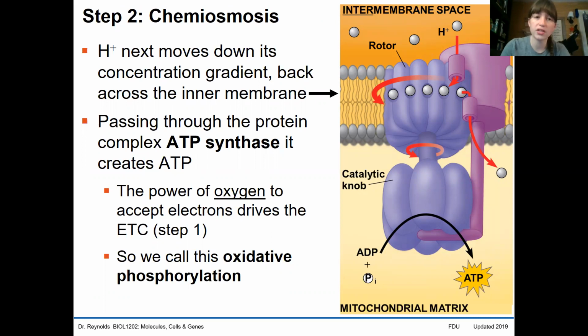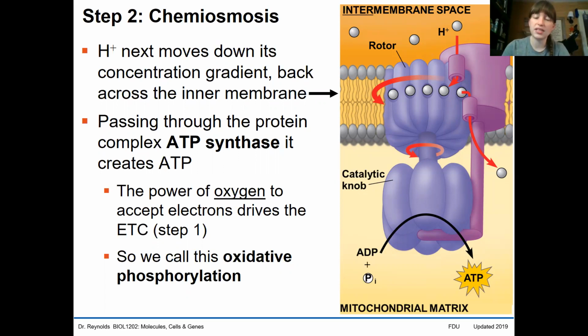Well, the work that it's going to do is when those protons flow through an enzyme known as ATP synthase. You might recall that we've talked about this when we did our membranes lecture, and we looked at transport across the membrane. This is an example of co-transport.